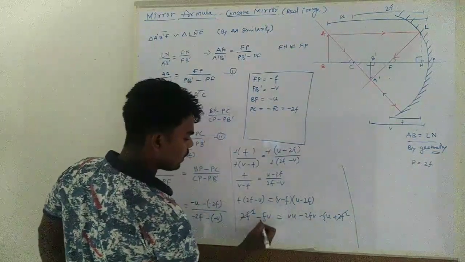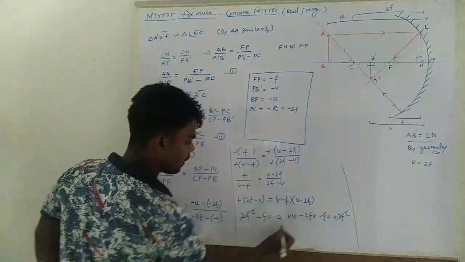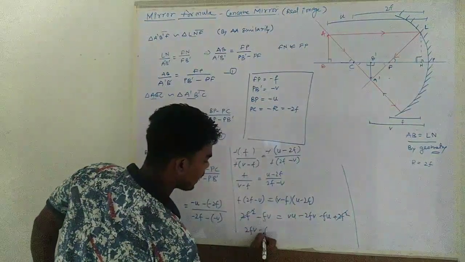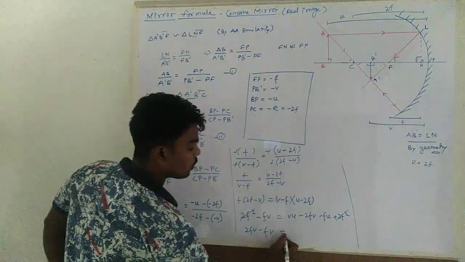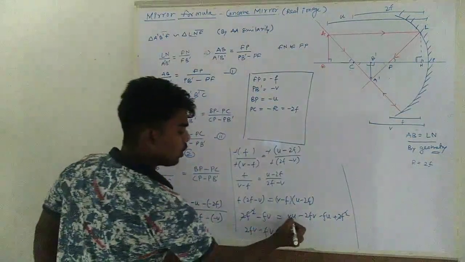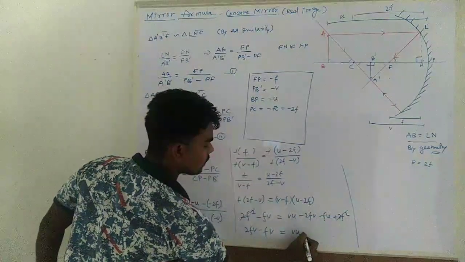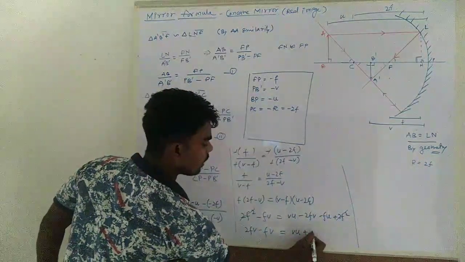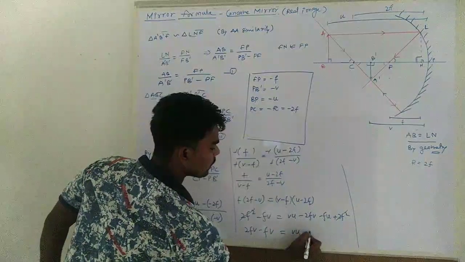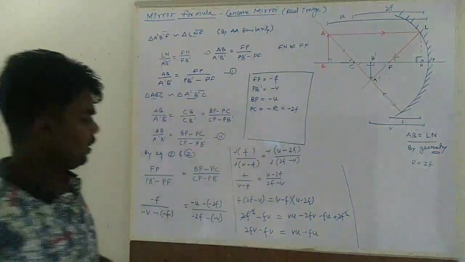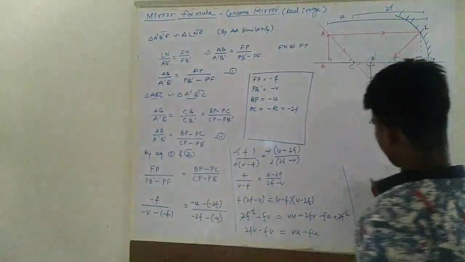This minus 2FV, if it comes to this side, will become positive 2FV. So positive 2FV minus FV is equal to UV, and this minus FU. So what will it become now?